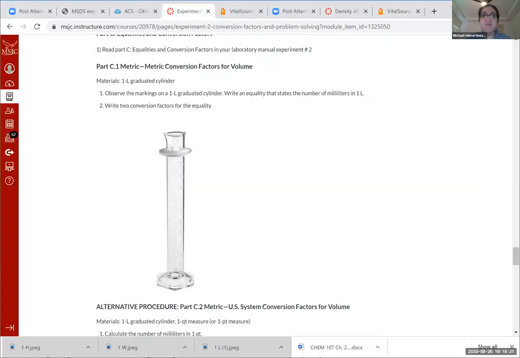So an example of an equality. This will be a tangentially related example, but suppose we know our equality is a cubic centimeter is equal to a milliliter.